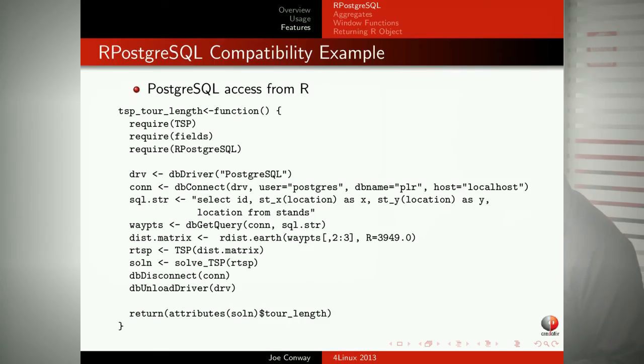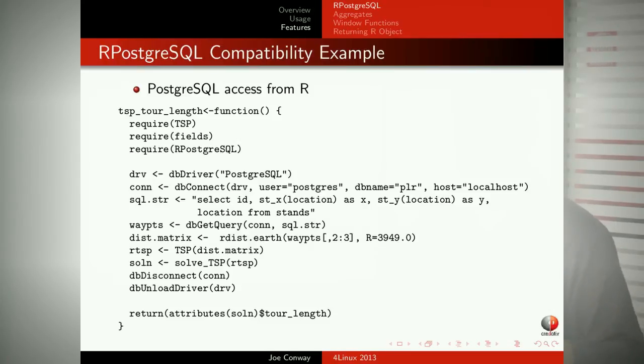These are the main functions that you use with R PostgreSQL. You select a driver, which would be Postgres. You connect to the database. You send a query. You fetch results. And then there are some other functions you might use. In order to make it easy for people to cut and paste between R and PLR, I have added the same functions inside of PLR.